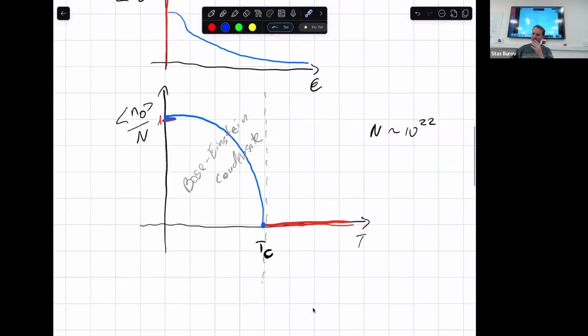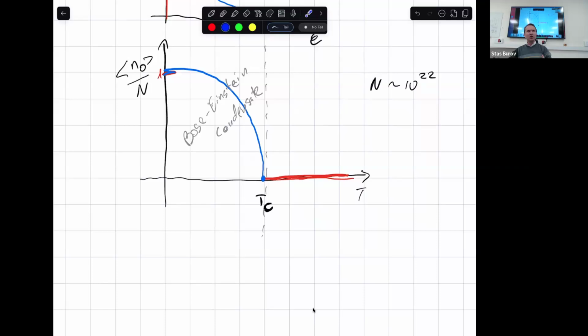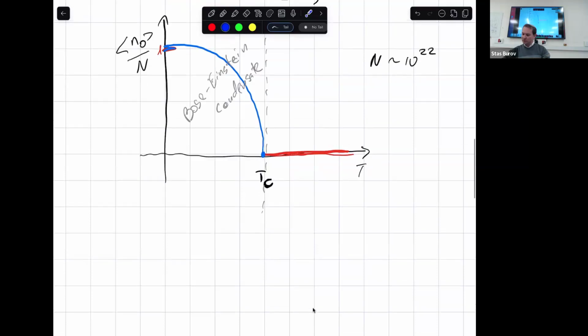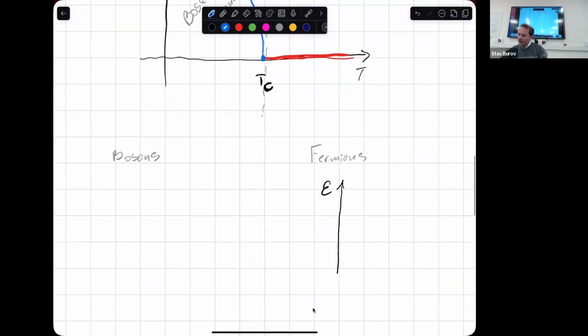Great. So if you want to see the intuitive picture, what is the huge difference between fermions and bosons? What we've seen for fermions is that whenever we have an energetic spectrum, this is our epsilon, all the fermions sit one on top of each other.